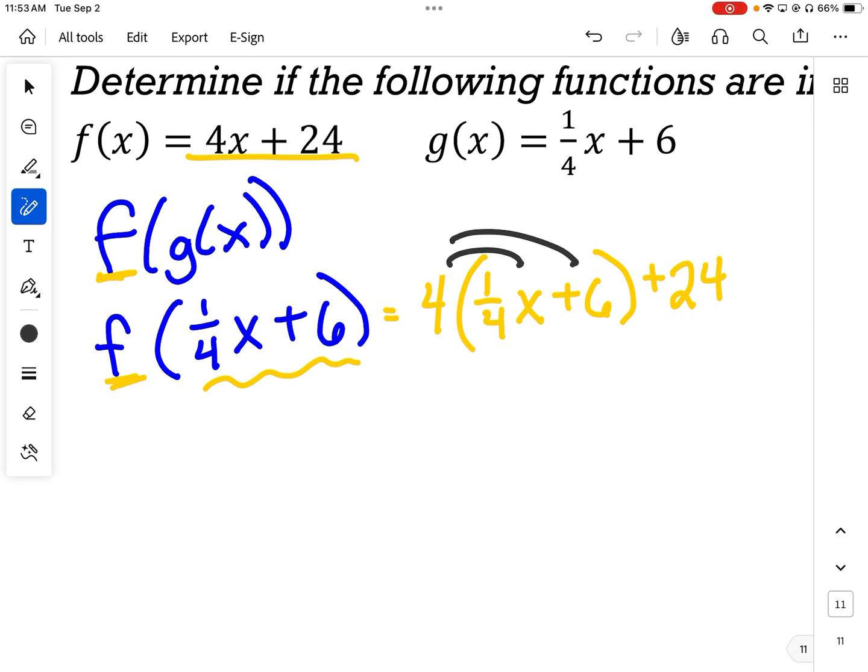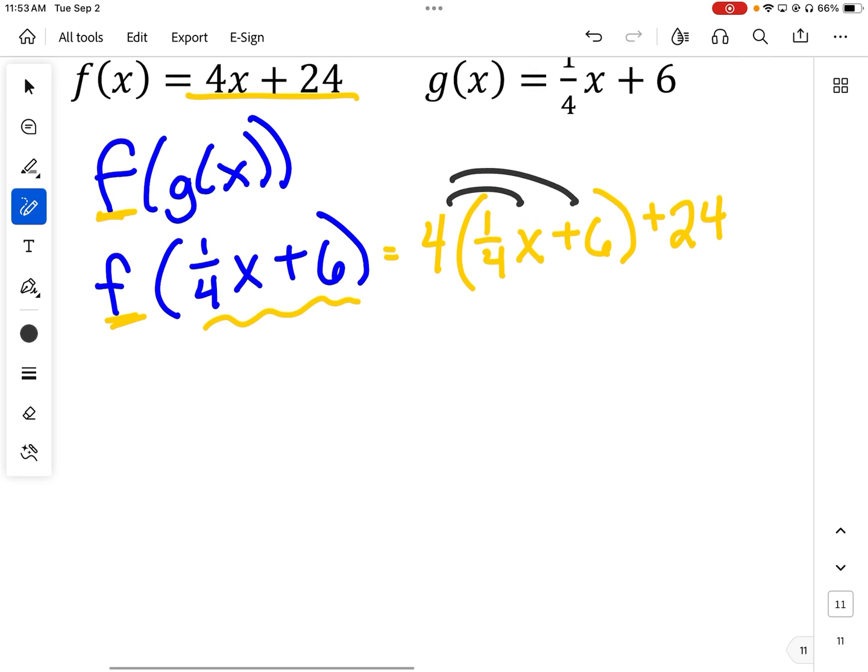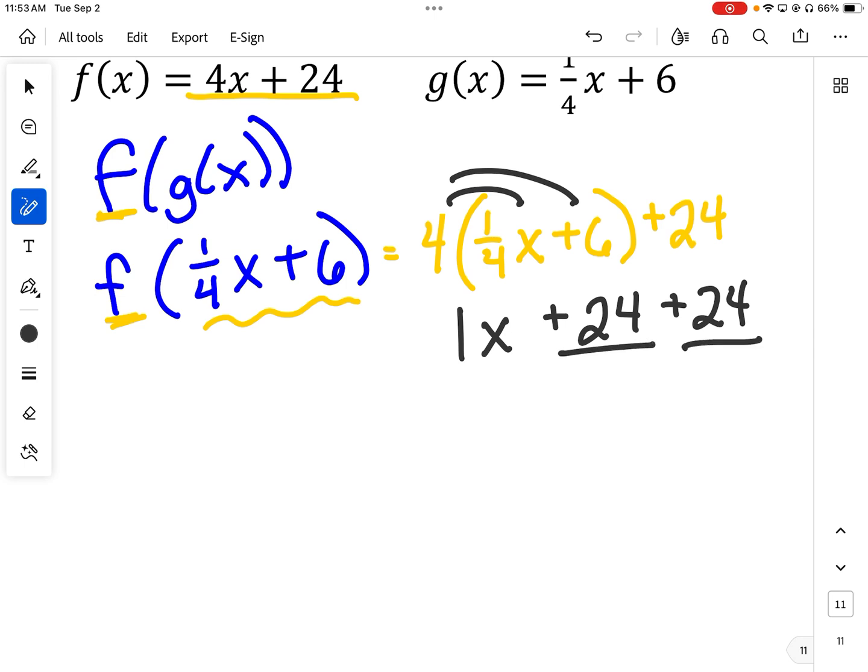Okay, distribute. 4 times 1/4 is 1, so 1x. 4 times 6 is 24. And then plus 24. So we have 1x plus 24 plus 24. Add these up.